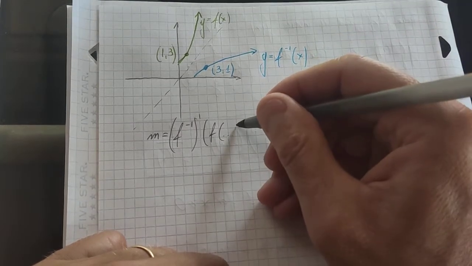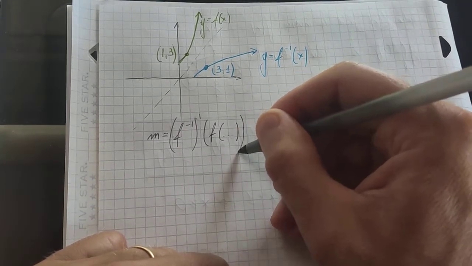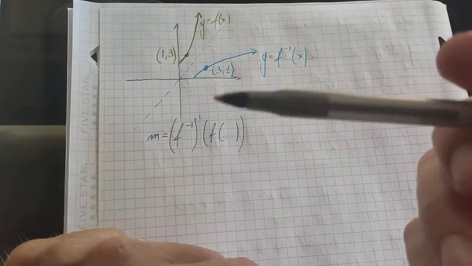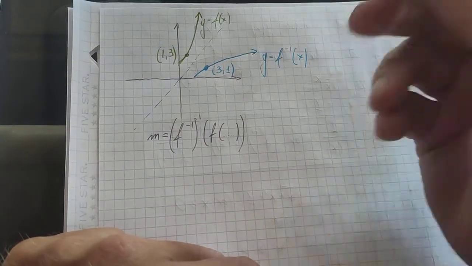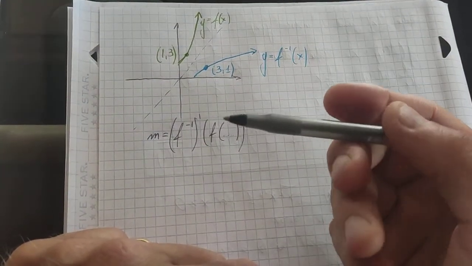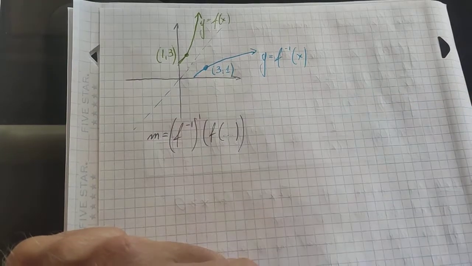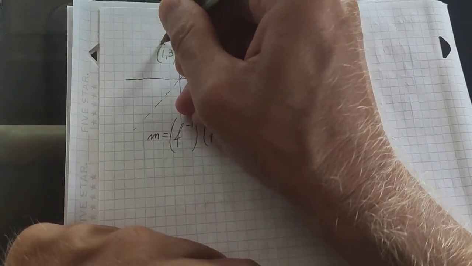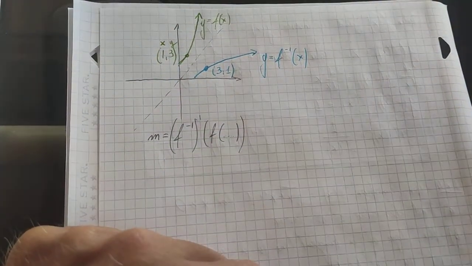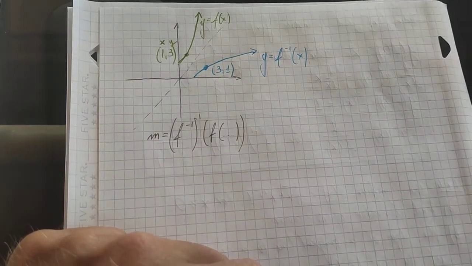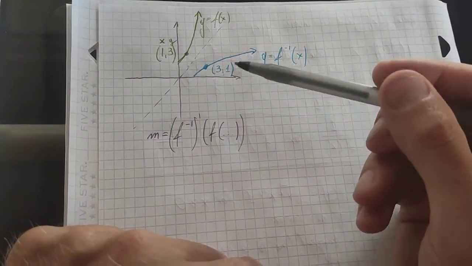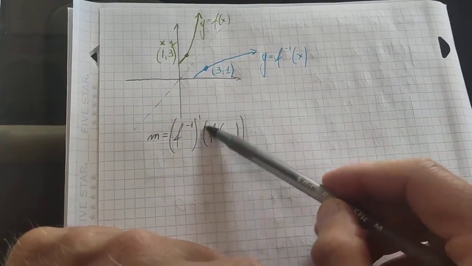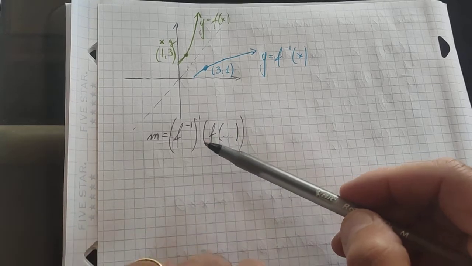Here is the original function f of x, and I need to look at my original function to determine the x coordinate of that point, and that actually is 1. So you cannot substitute that 3 in here, because this is my original function. This is not the inverse.